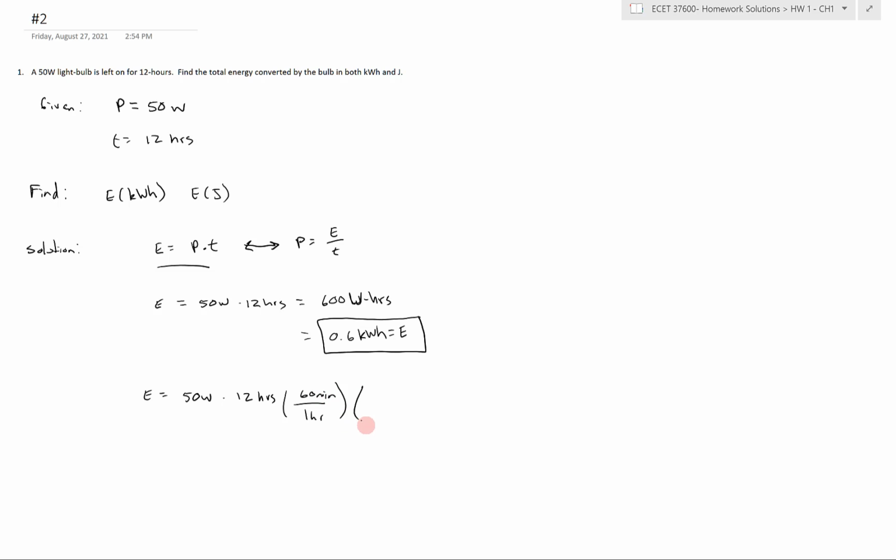And then the next conversion is that there are 60 seconds per minute. And so I can see hours cancels here, minutes cancels there, so I've got 50 watts times 60, no units, times 60 seconds.